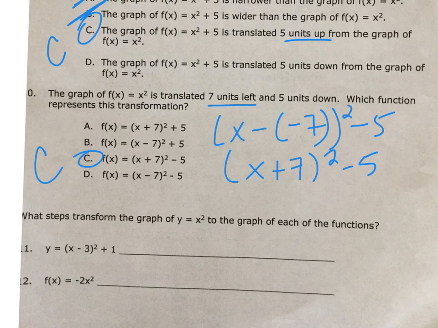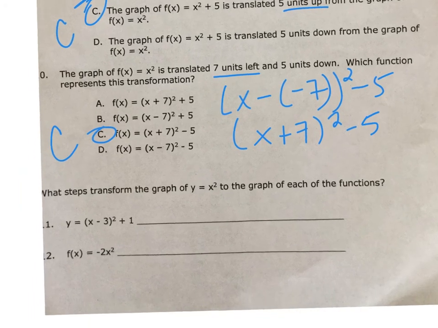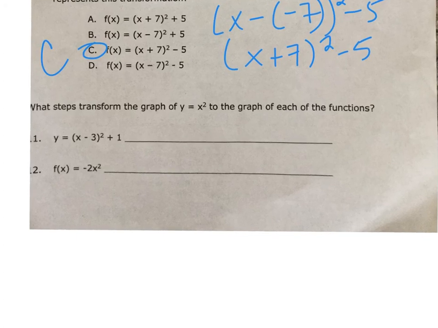Okay, and then the last two, you have to write the steps that were used to transform the parent function. So the first one, I'm going to start left to right. What happened first? -3. Okay, so I have -3. It's on the inside, so we're going to be talking about what's happening to our input, which is along the x-axis.